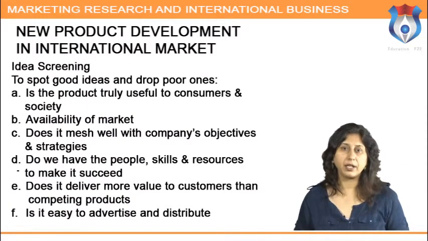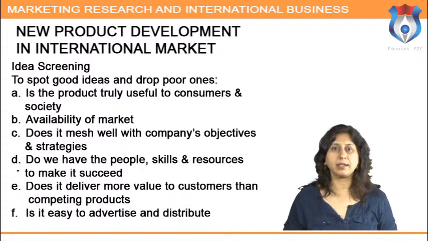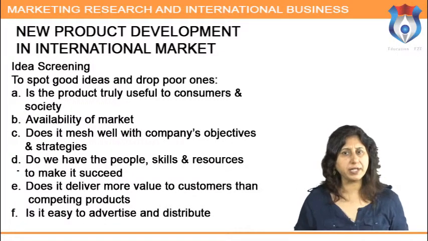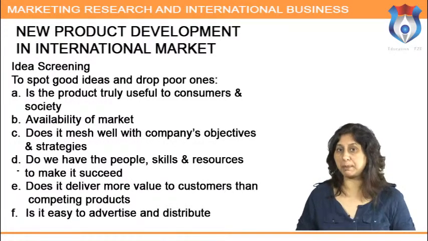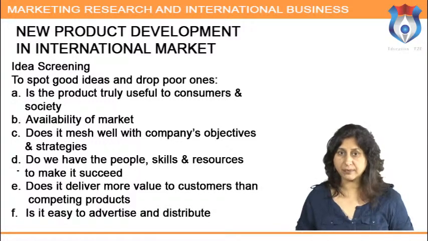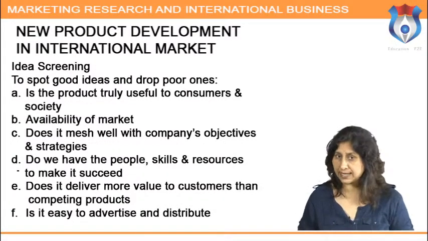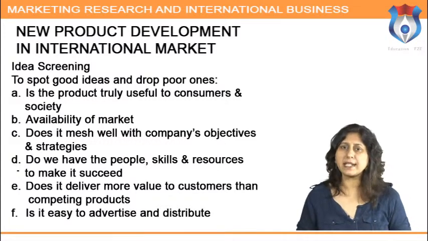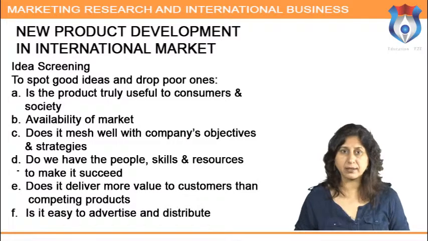Idea screening: to spot good ideas and drop poor ones. Is the product truly useful to consumers and society? Availability of market. Does it mesh well with the company's objectives and strategies? Do we have the people, skills and resources to make it succeed? Does it deliver more value to customers than competing products?